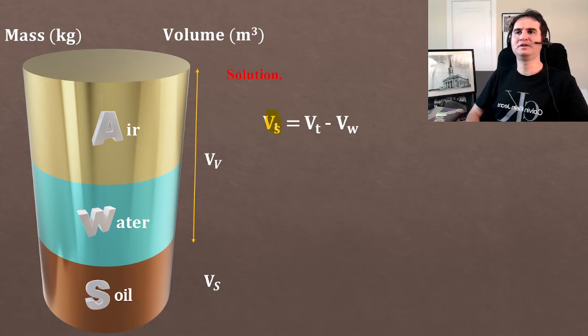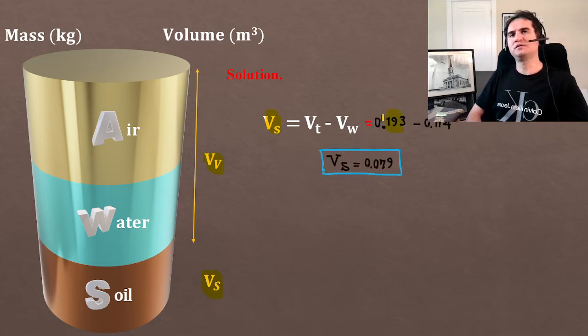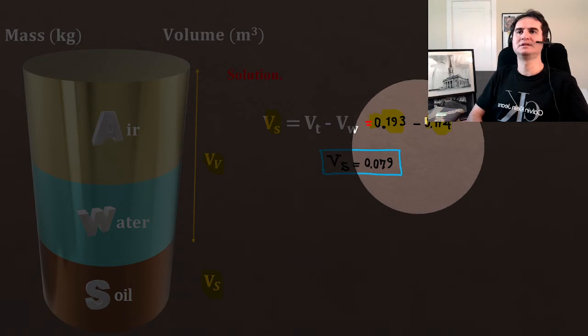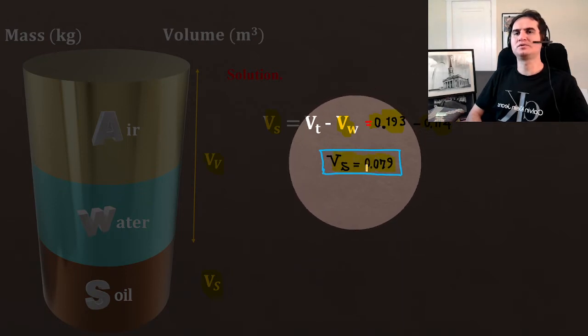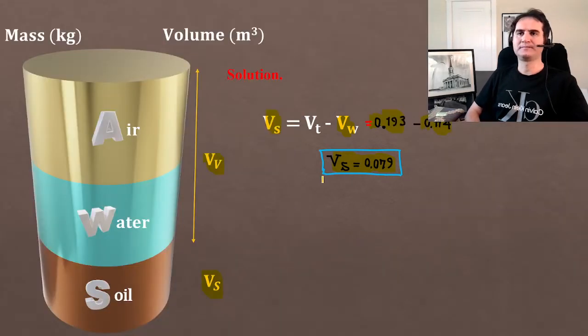And to calculate the volume of soil, that's the total volume minus the volume of void. We know the total volume, so if we replace the volume of water and subtract that from the total volume, it gives us a volume of soil equal to 0.079 cubic meters. The void ratio is just the volume of void over the volume of soil.